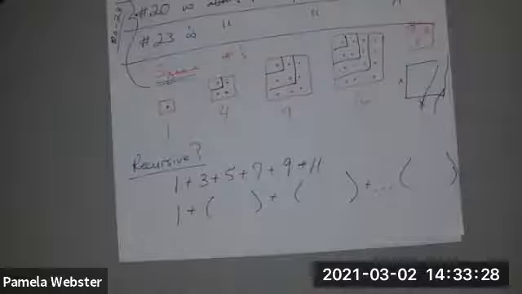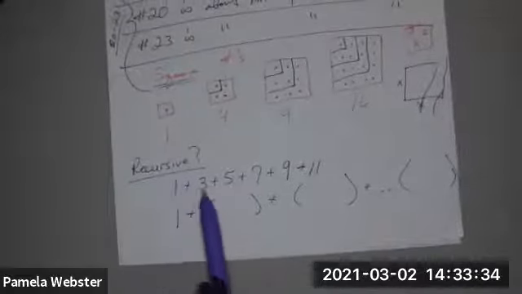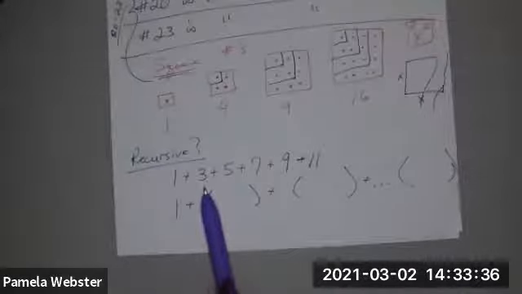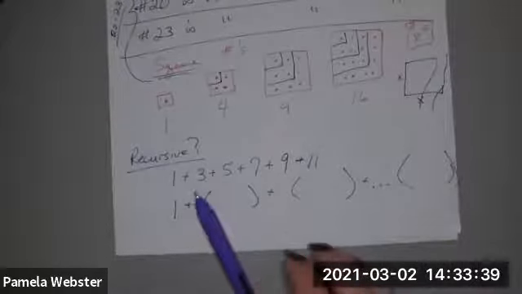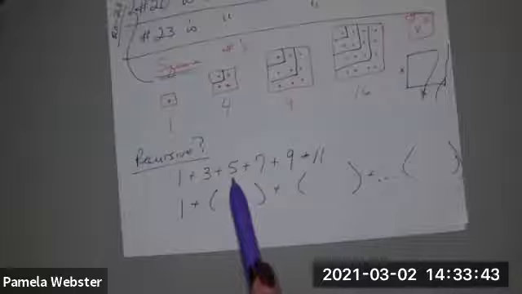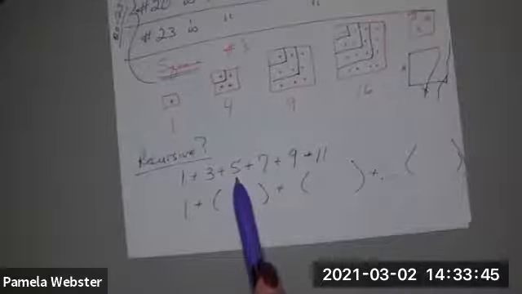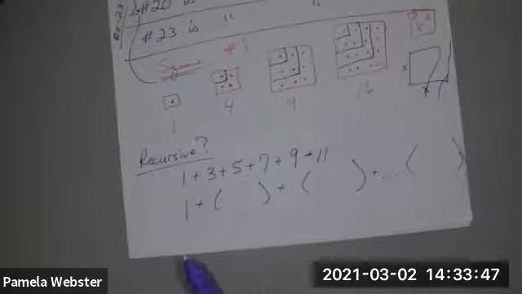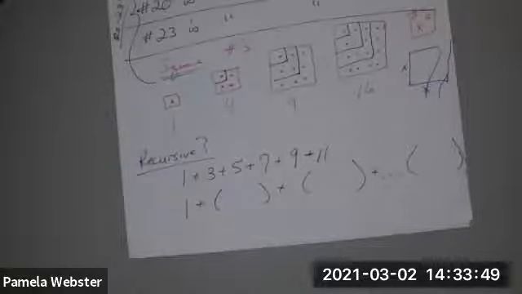1 plus 3. How can I say 3 is related to this, the first term? How's 3 related to the second term? Okay, it's plus 2, but would 5 be the third term plus 2? Okay, how am I going to get there? How do I get odd numbers?